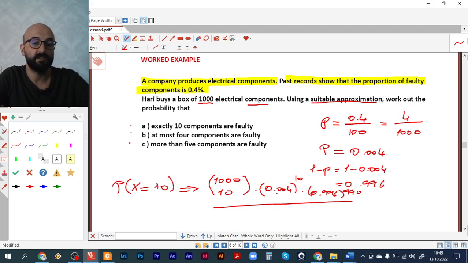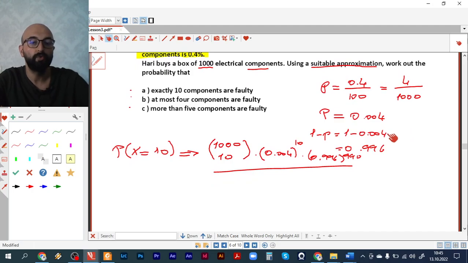Computing this process is very hard. So instead we should use the Poisson distribution.